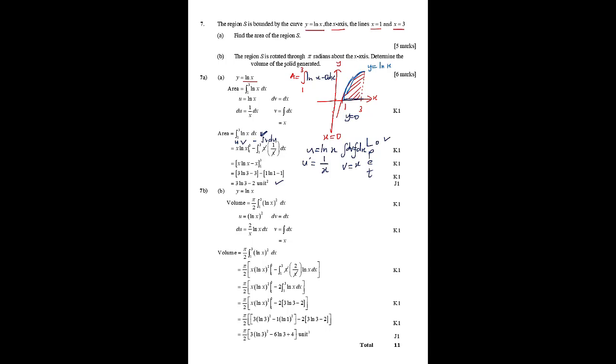Next, B, you need to find the volume of the solid generated when the area is rotated through pi radians about the x-axis.